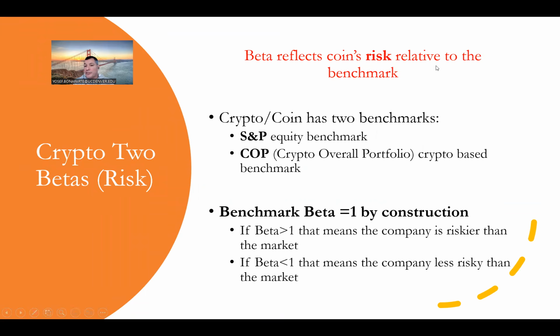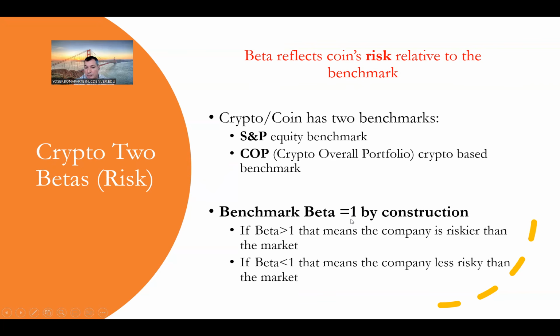Beta reflects coin risk relative to the benchmark. The question is, what is the benchmark? For crypto, there are two benchmarks. One is the S&P equity as a benchmark, which is the benchmark Apple belongs to. And there's the COP, the crypto overall portfolio benchmark. So there are two benchmark portfolios, one pure equity S&P and one pure crypto COP.